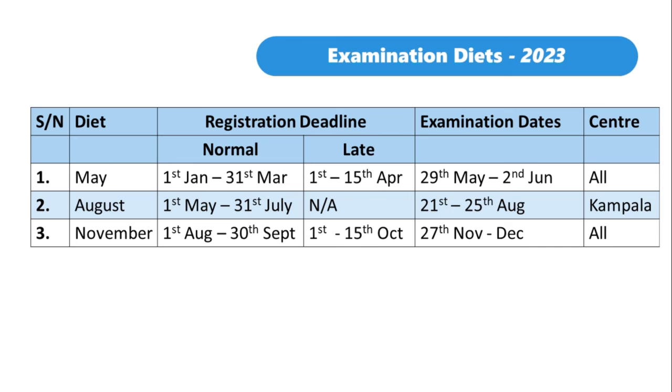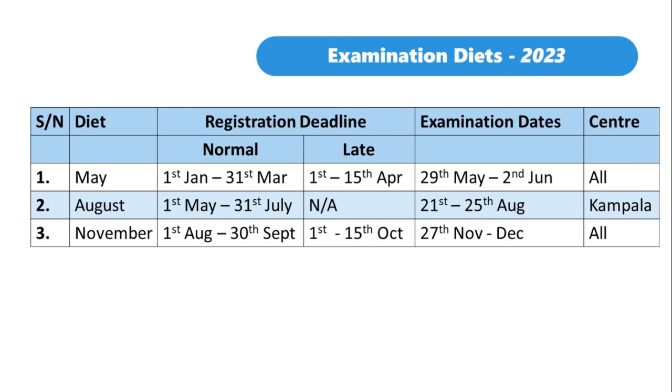Then we shall have another examination diet in August. Here I'm talking about registration for examinations. We expect you to register from 1st of May to 31st of July. Now, late registration is not going to be applicable.